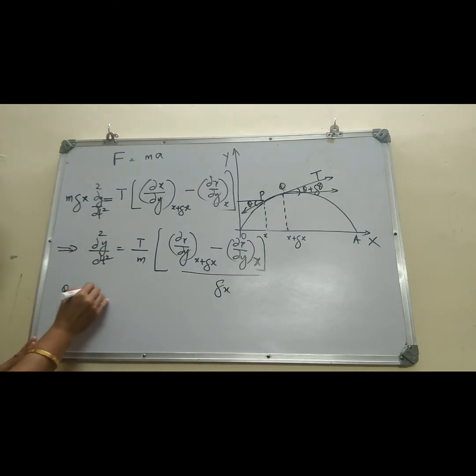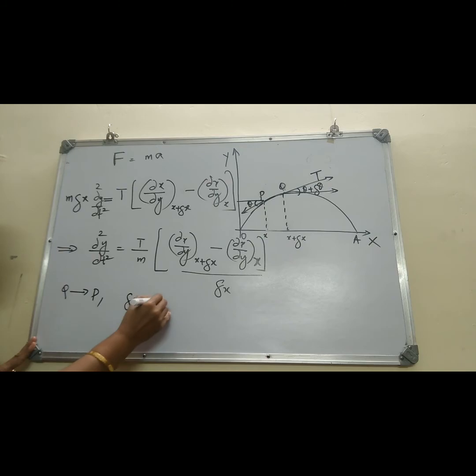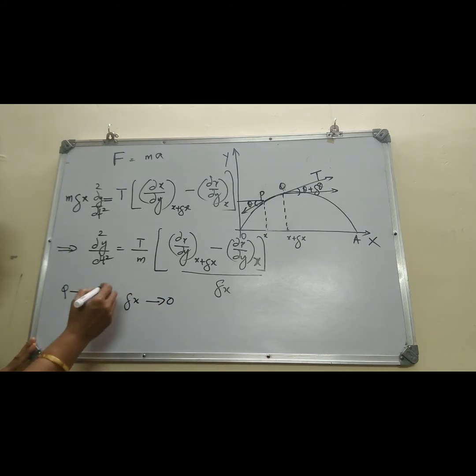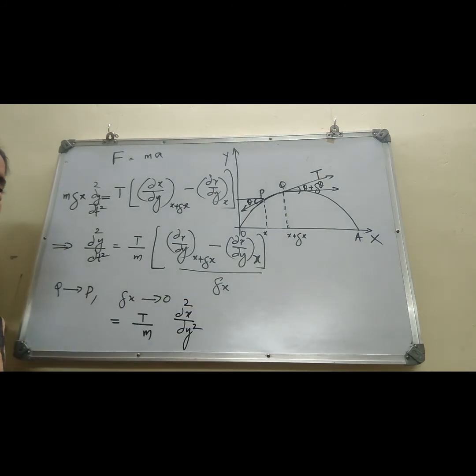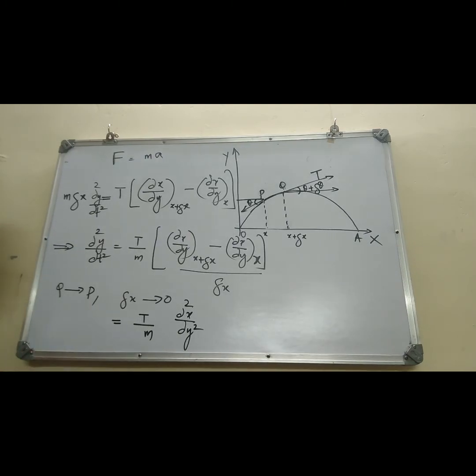As Q tends to P, we have delta x tends to 0. So taking the limit, delta x tends to 0, the right side is T by m times ∂²y/∂x². That is the definition of differentiation.